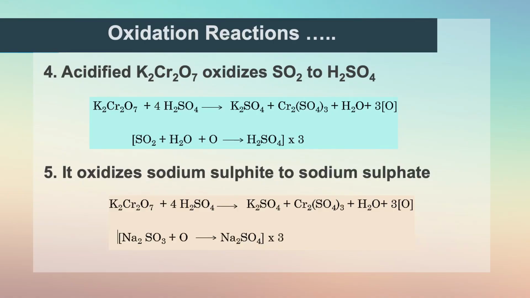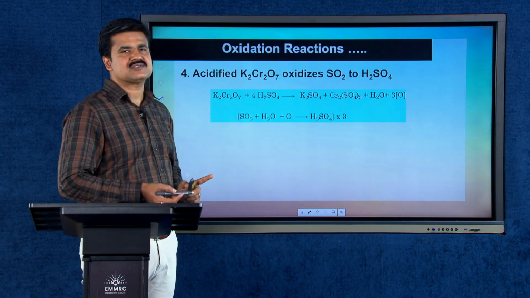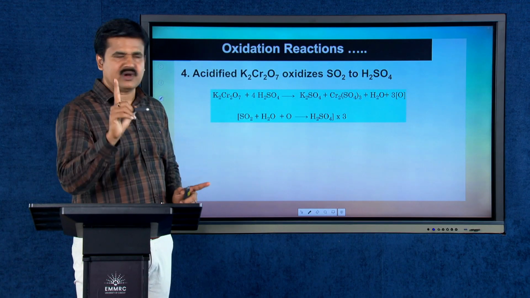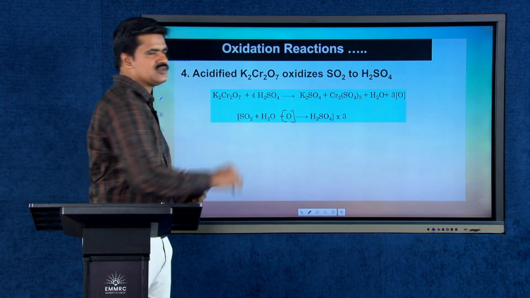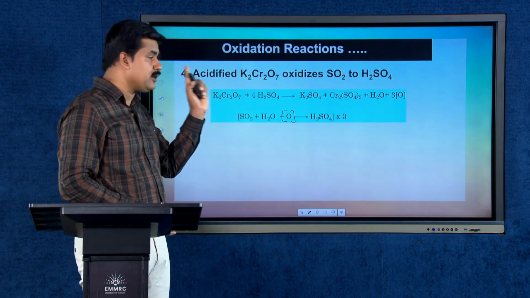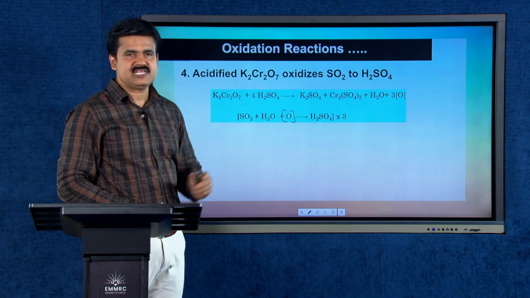The first one shows the liberation of nascent oxygen. There also, to get a balanced equation, you have to put 4H2O on the right hand side, that you have to keep in your mind. Now, out of the 3 liberated oxygens, you have to take 1, and this nascent oxygen oxidizes SO2, that is sulfur dioxide, to sulfuric acid.